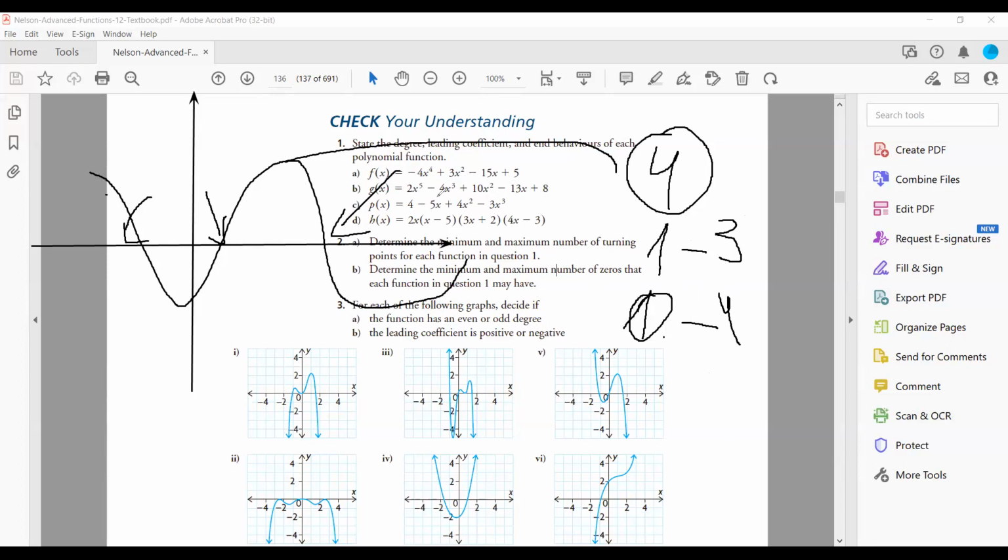At least 1, because the end behavior of this function says it will be pointing to negative infinity because we have a leading coefficient minus. So if we have some maximum value, we're going to have at least 1 turning point, because if we start from negative infinity, how would we get back to negative infinity if we're not turning?